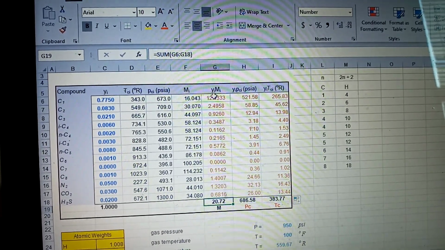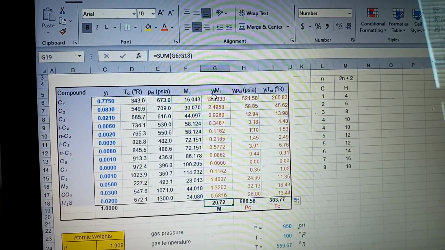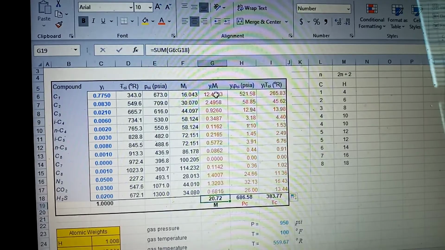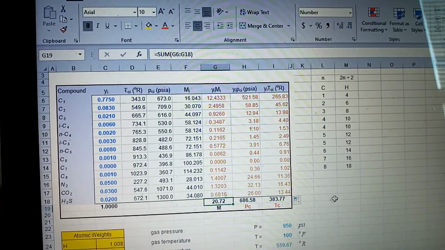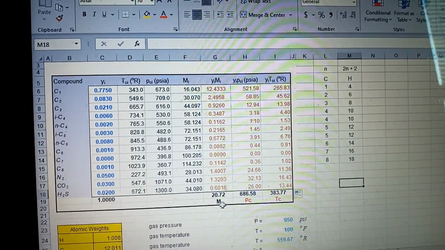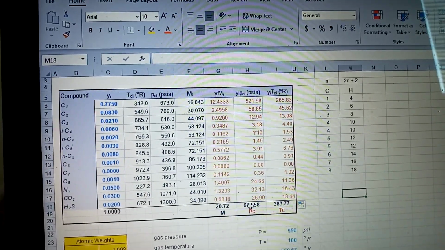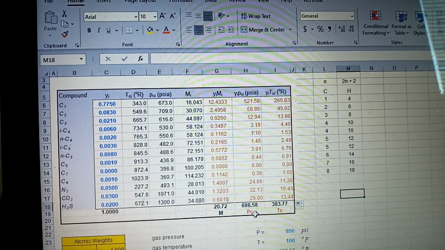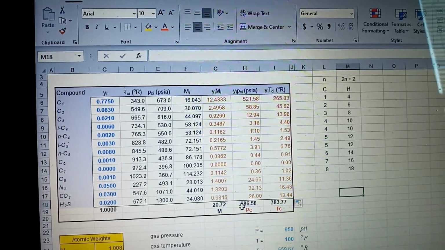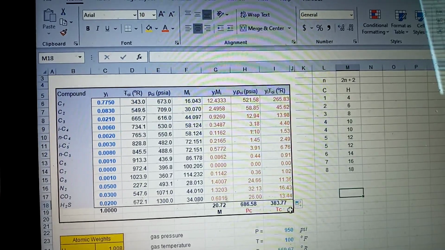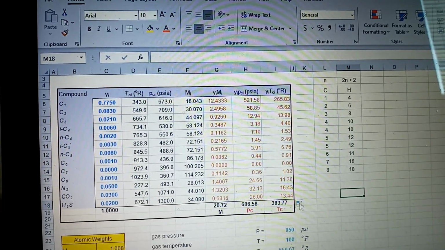I already put it in your own spreadsheet, so you don't need to repeat that. This is going to sum up all this. So the molecular weight of the gas now is what? 20.72. The critical pressure for the gas is 686.58, and the critical temperature is 383.77 Rankine. That is all what you need.